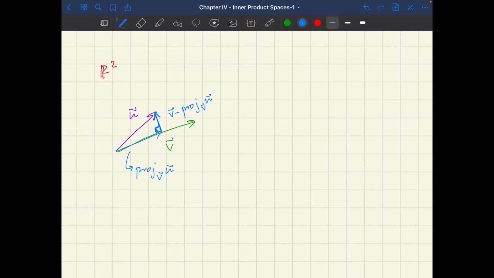Okay, so we have two vectors here. What does it mean? You know that R2 has dimension equal to 2, right?